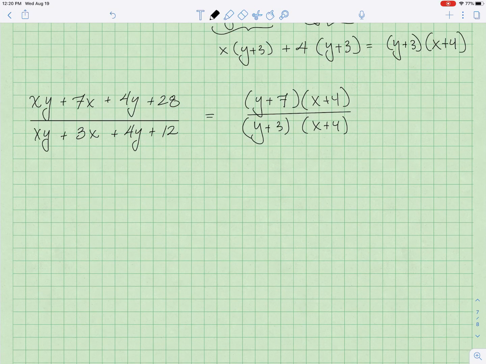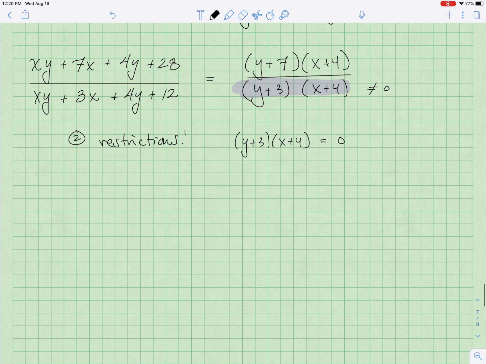Step 2. Restrictions. Well, y plus 3 times x plus 4, the denominator. This guy right here. We don't want that to equal 0. So the first thing we do is we set it equal to 0.